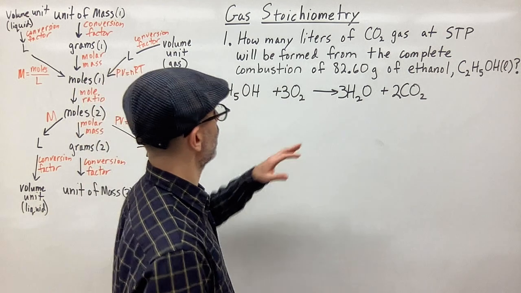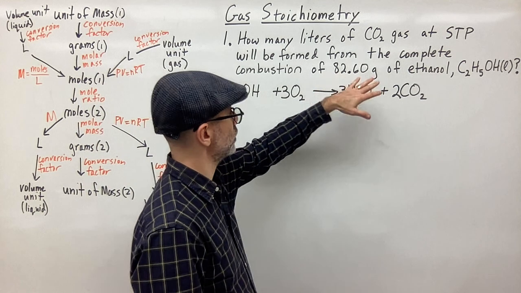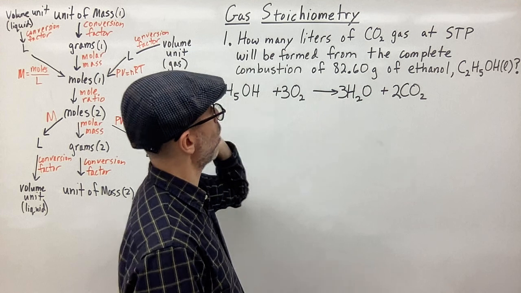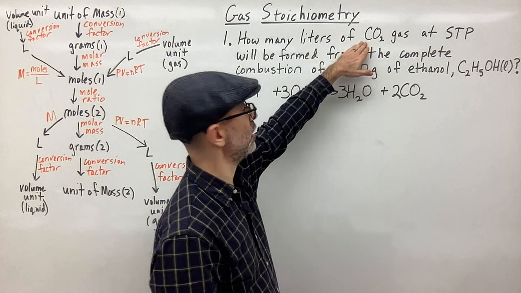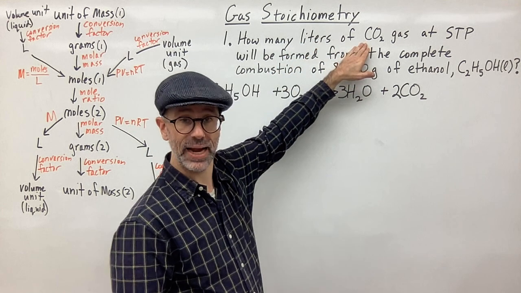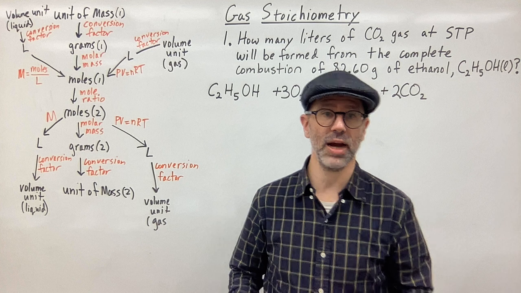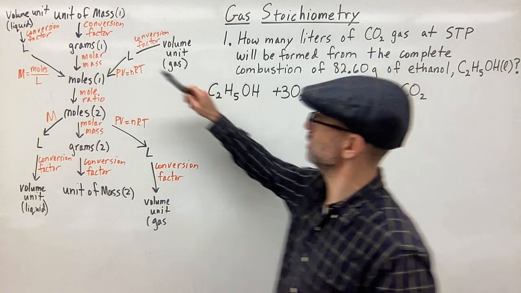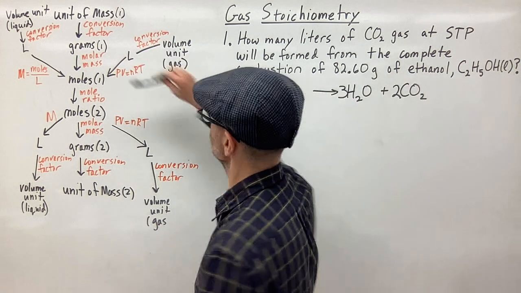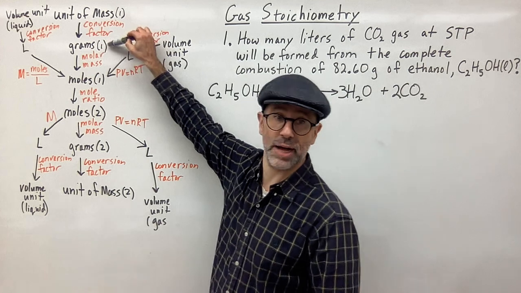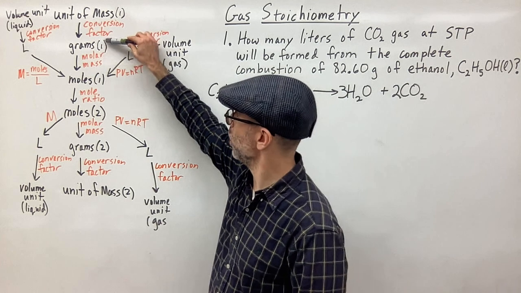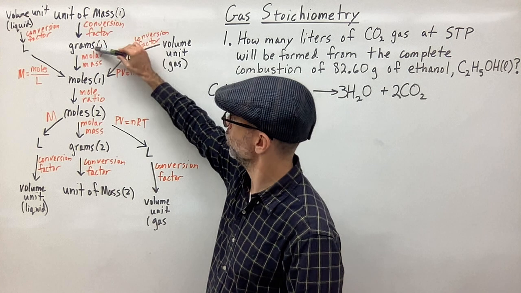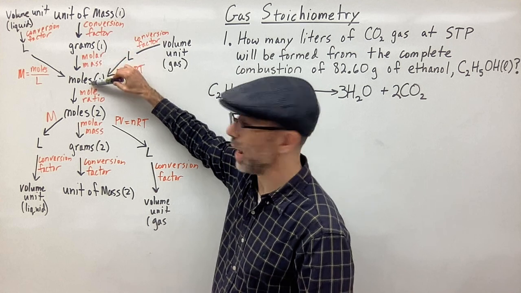So they're giving us 82.60 grams of ethanol, and they want us to convert to liters of carbon dioxide gas. So where are we on our roadmap? They're giving us a mass in grams. So we're starting here with the grams of substance 1. So what do we need to do? We need to convert to moles using the molar mass.